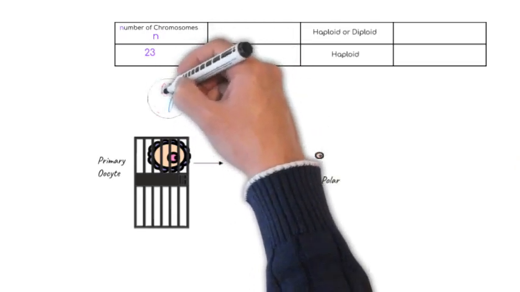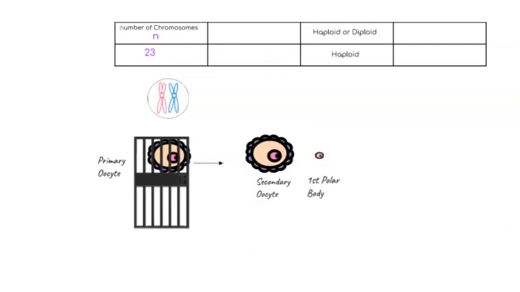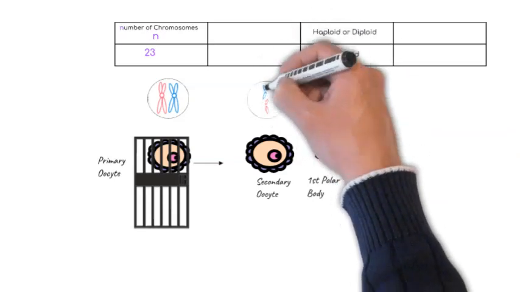Now, what do they look like, if you remember? So remember, we arrested and they look like this. And there were 46 of these. So when we split them 23 and 23, they look like they were double-stranded. They were double-stranded DNA that just got replicated and then they arrested. So when they split, even though they are 23 on this one and 23 on this one, are they still double-stranded or are they single-stranded?